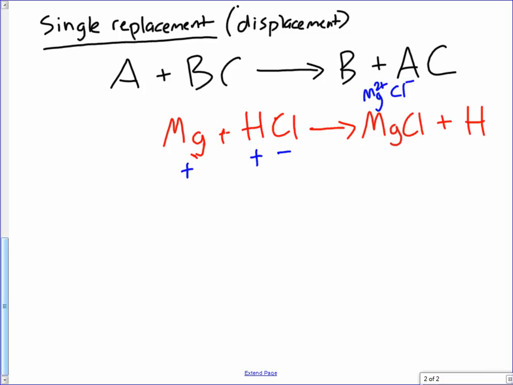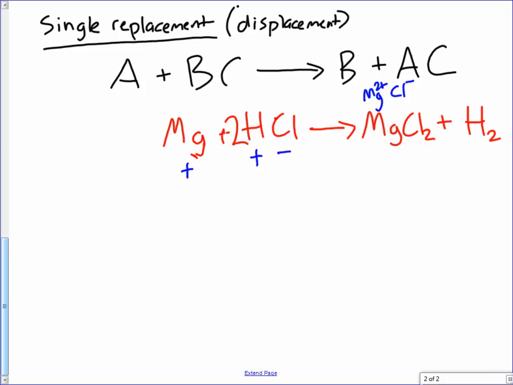Chlorine is a -1 halogen. So it's actually going to need to be MgCl2. Hydrogen, again, is diatomic. So it's going to come out like that. So hydrogen gas is produced, which is why you saw the bubbling when we did the reaction in class, which is also why there was a little flamethrower thing whenever I lit it on fire. Now to balance, all we need to do is add a 2 there. So that's your basic single replacement reaction.